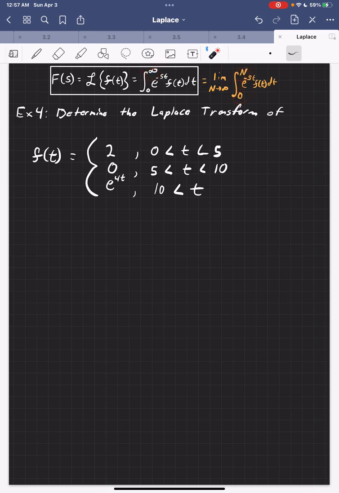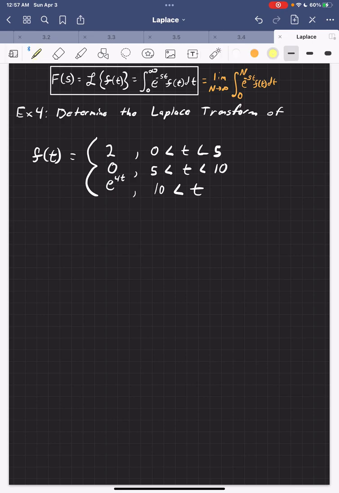This piece is finite, bounded between 0 and 5. This is bounded between 5 and 10. Maybe I misspoke, but in terms of moving to infinity, it's only with the e to the 4t that you're going to have that improper integral.